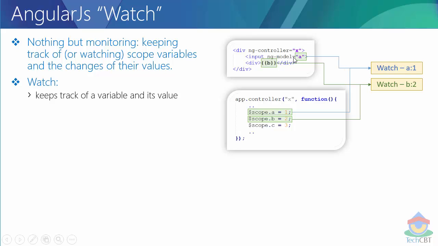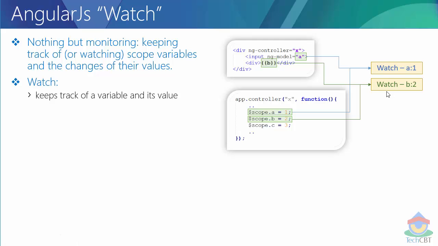Whenever you have some data binding to scope variables, all those variables will have their respective watches automatically created by AngularJS. So in this case, I have two elements with data binding to two different scope variables, and thus I have two different watches created in memory.